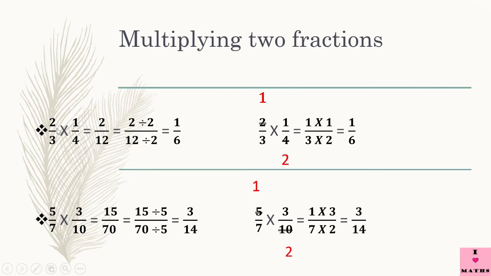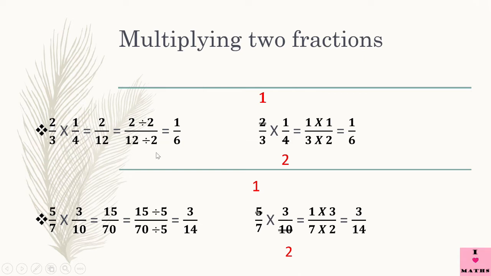Okay, now 2 upon 3 multiplied by 1 upon 4. Now 2 ones are 2 and 3 fours are 12. We have got 2 upon 12. Now 2 and 12, both of them come in the table of 2.